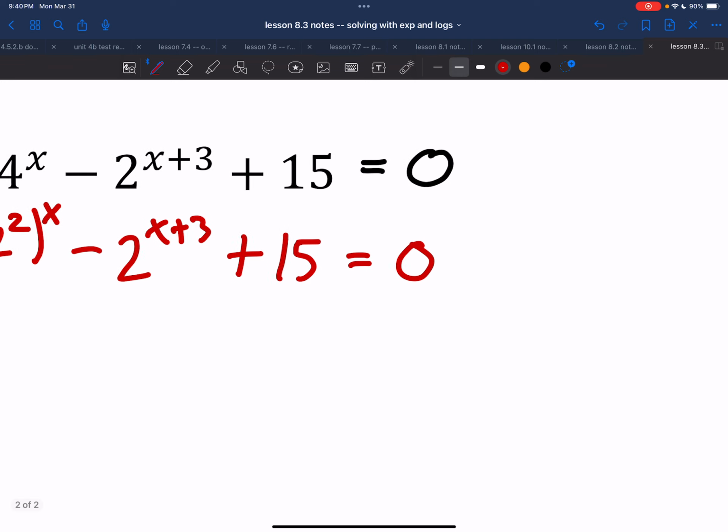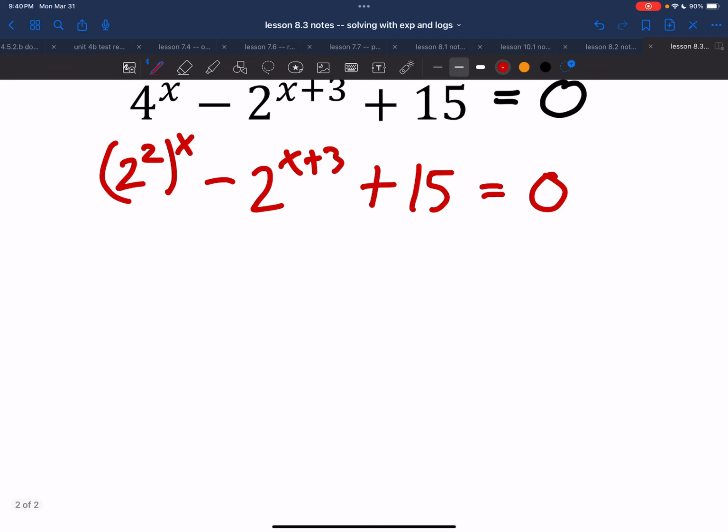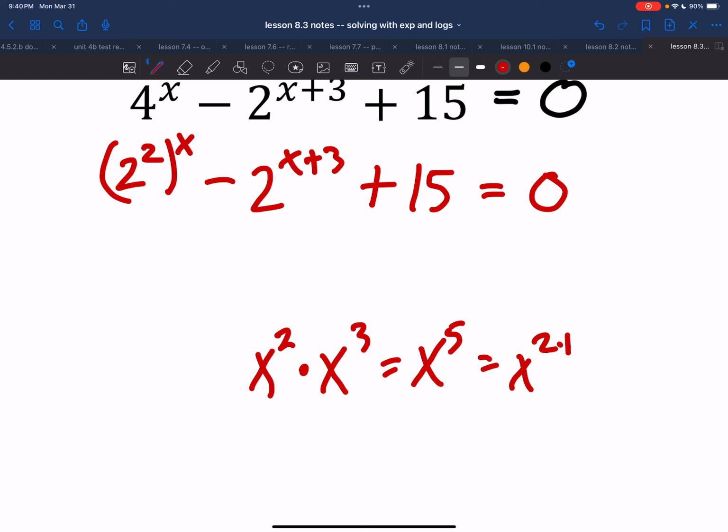Now, 2 to the x plus 3. You know the rule that says x squared times x cubed is x to the 5th? This is because that's x to the 2 plus 3. Okay, well, guess what? If you had x to the 2 plus 3, you could separate that as x squared times x cubed.